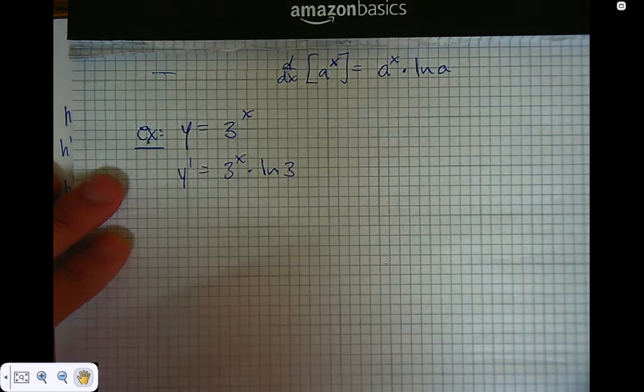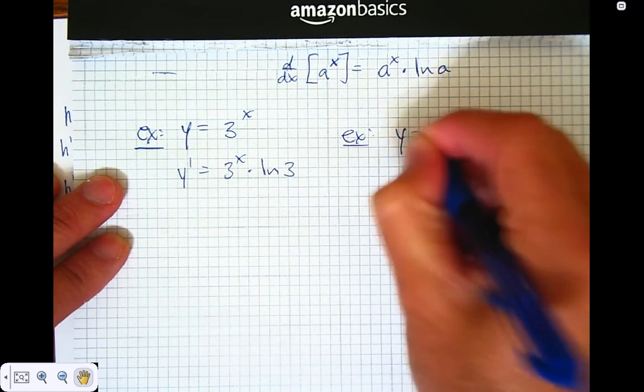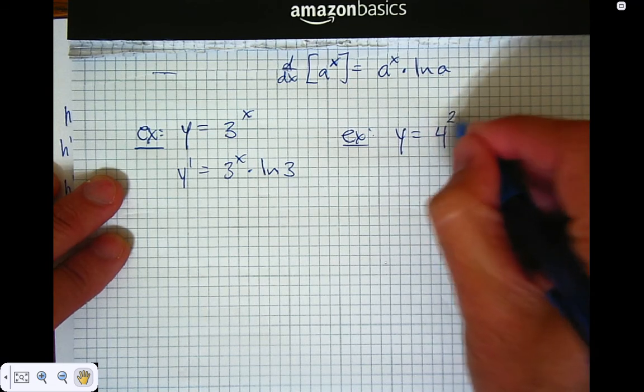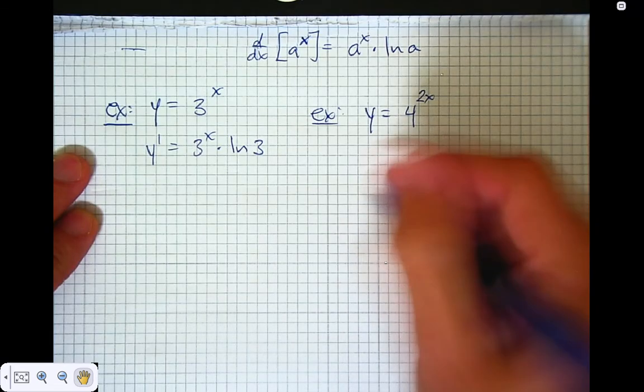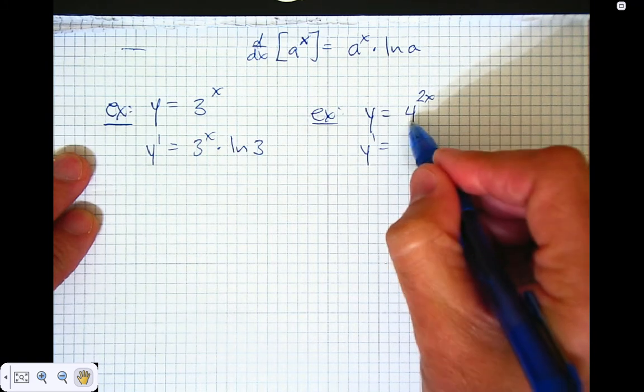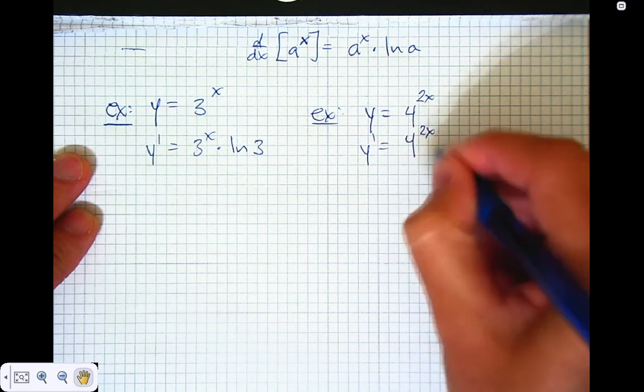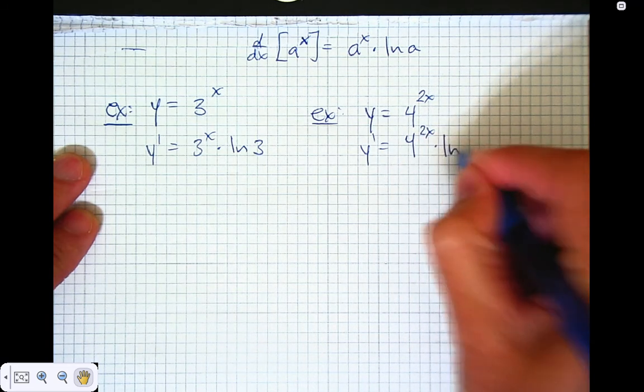That's it. Okay. If you had y equals 4 to the 2x, let's make it a little harder. What's y prime? It's just rewritten 4 to the 2x times the natural log of the 4.